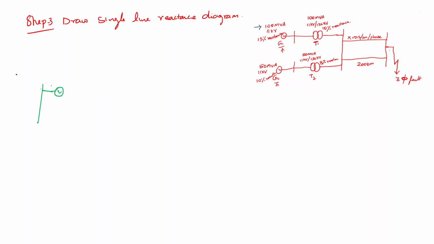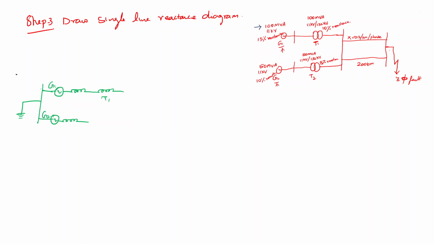So this is G1, and here it is G2, and this one is connected in common ground, and then reactance of G1, reactance of G2, and then transformer reactance T1.